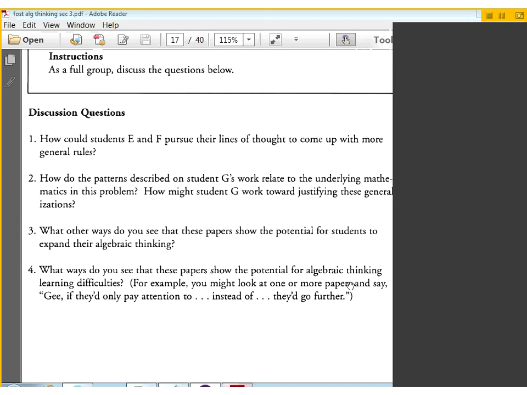So if you look on the second page of student G, he wrote some rules down, right? Or he or she, sorry.